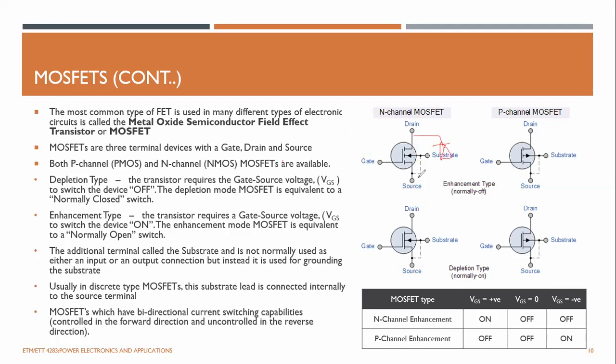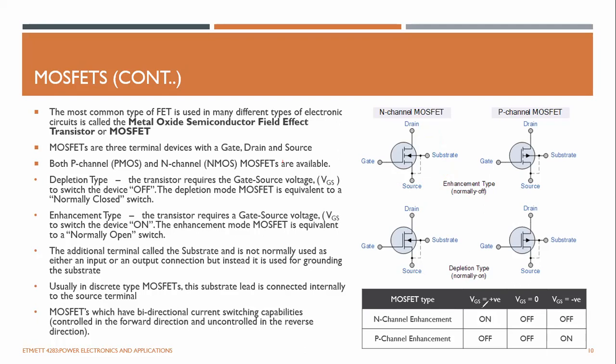That is uncontrolled, because if you give a positive voltage here and a negative voltage here, the current can flow through your body diode. You can't control that current. Remember, it's not a unidirectional, it's a bidirectional device. Using the gate signal, you can control the current in this direction, but you can't control any current that comes from this side.